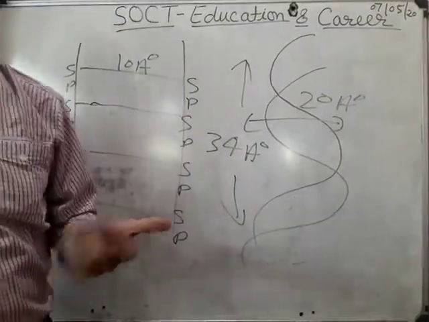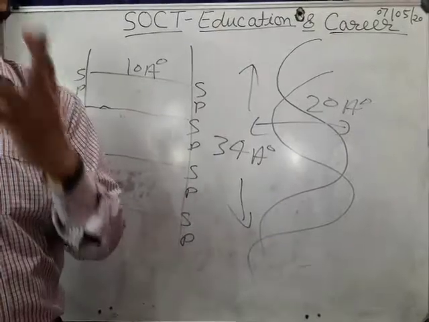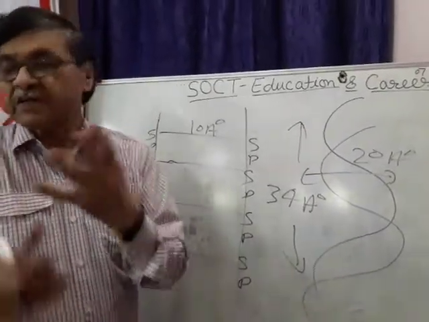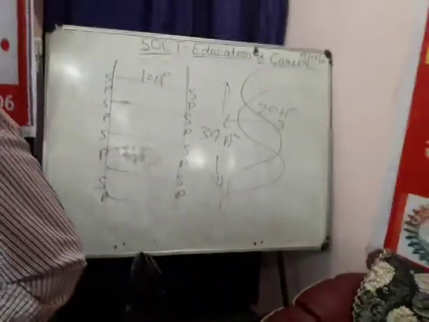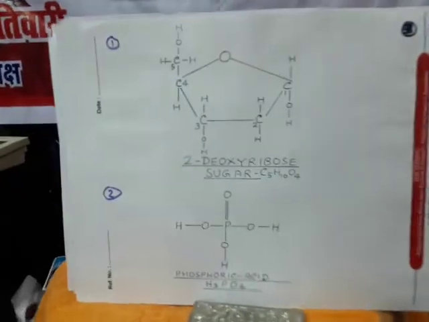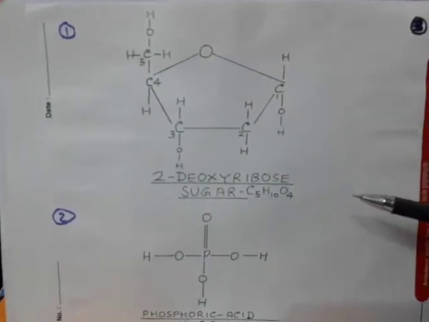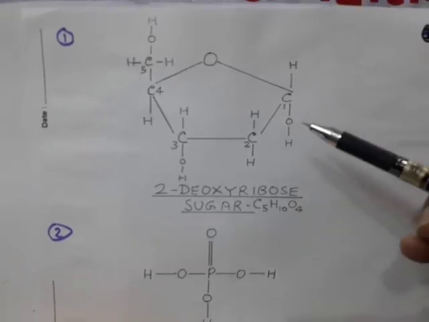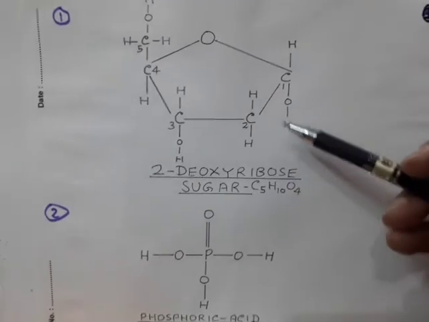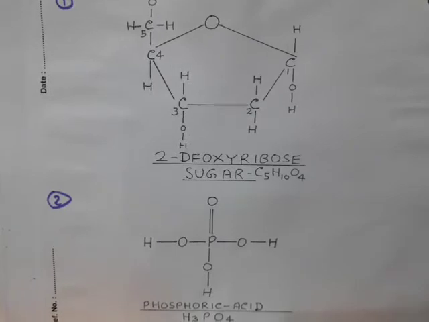After hydrolysis of the DNA molecule, we get three types of molecules, which let us describe. One, the 2-deoxyribose sugar, C5H10O4, in which from carbon number 2 one oxygen has been removed.